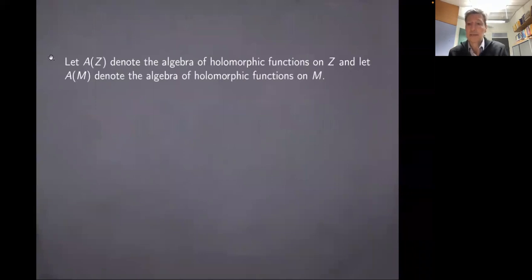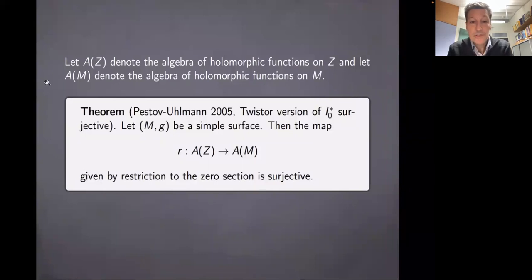And then you start looking at what this means really. It's a completely natural thing to think about now the algebra of holomorphic functions. So let's call that A(Z). But you also have the algebra of holomorphic functions on M. So let's call that A(M). And now you have a twistor version of the surjectivity result of Pestov-Uhlmann, the fundamental result in 2D, which says that if you have a simple surface, then the map that takes a holomorphic function on the transport twistor space and restricts to the zero section is surjective.